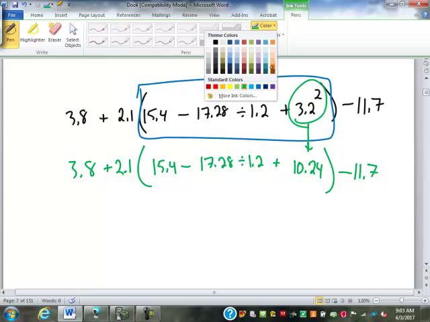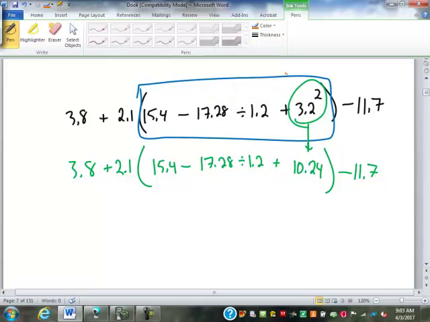Now I'm still inside those parentheses. Any more powers or roots? Okay, what's our next level? Multiply and divide. So 17.28 divided by 1.2 is 14.4.